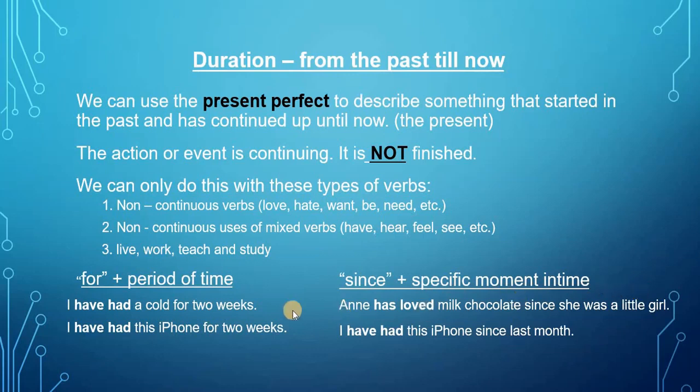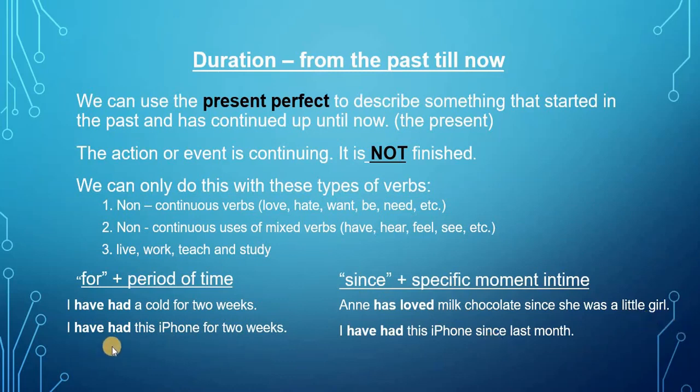So here is the present perfect. I have had a cold for 2 weeks. And another, for and since: Anne has loved milk chocolate since she was a little girl. Okay?